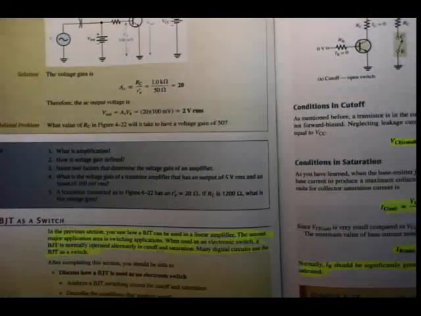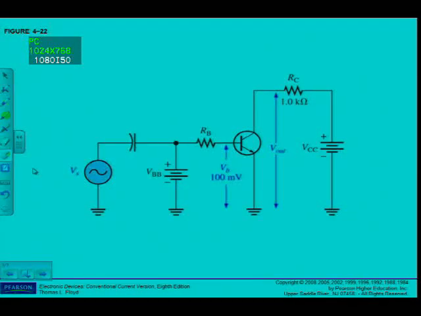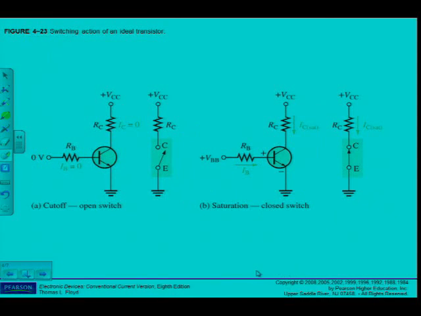Then the BJT being used as a switch, we've also been introduced to. But here's a whole section on it, just to revise again. There's the transistor, and there's the equivalent of a switch.